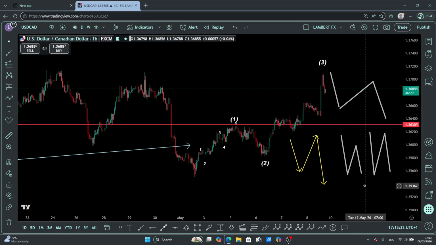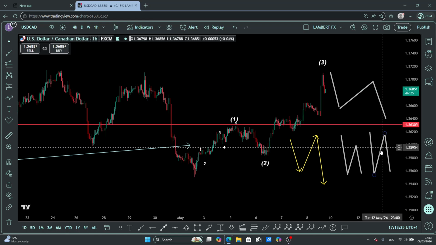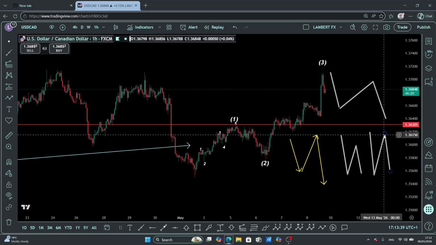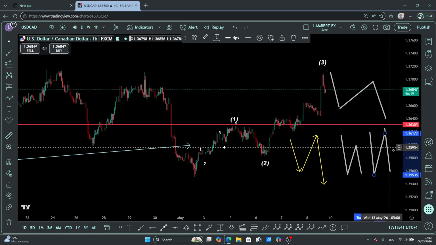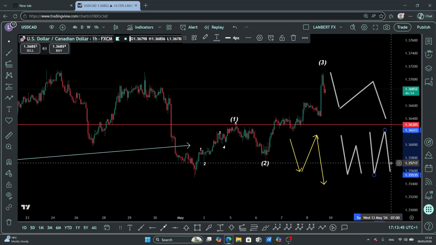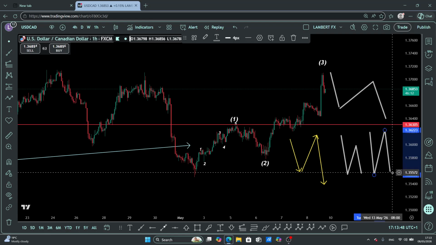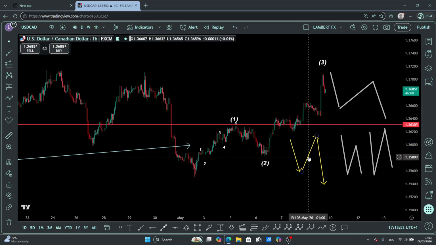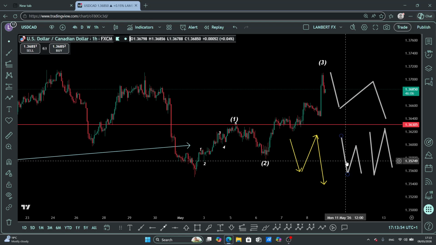Okay. So these are the 3 types of structures that you will see in your leg 2. All these are 3-3-5. So what do I mean by a 3-3-5?